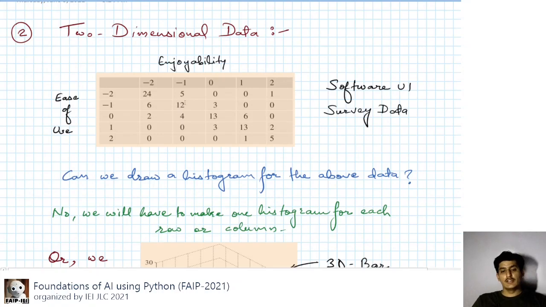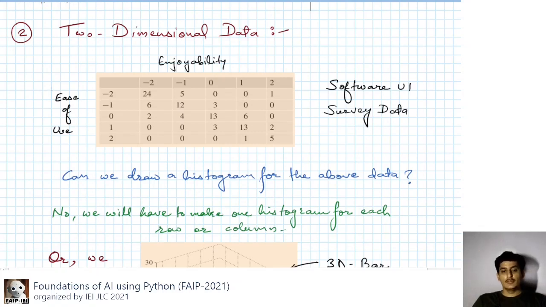This is a survey of the usability or the user experience of a particular software's user interface, GUI. This survey was done on a specific set of people. They were given a software and they were asked to give responses towards ease of use of that software, how easy they find the software to use, and enjoyability of the software, how much they enjoy using the software.